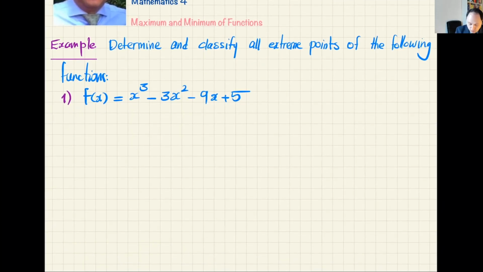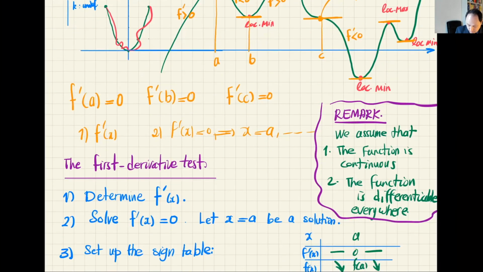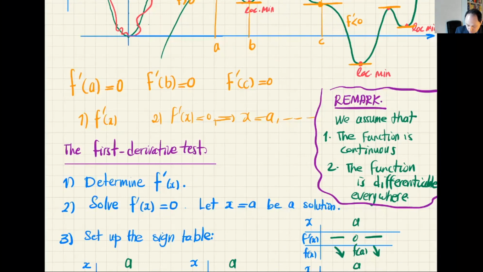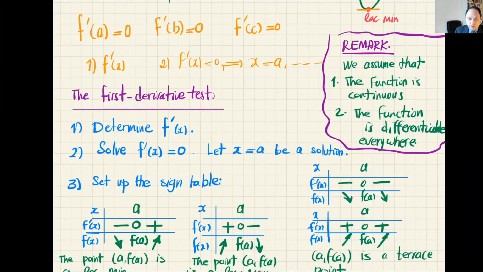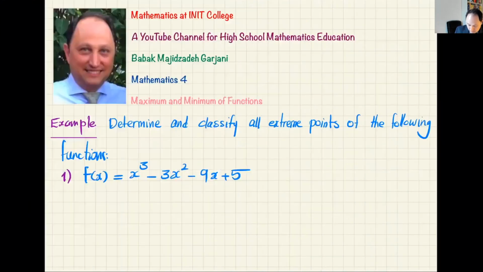Okay, so what should I do? The first step, you see here, I want to use the first derivative test. I determine the derivative, I put it equal to 0, I find the answers, then I set up a table. That is called the sign table. Yes, that is what I have to do. So I do the same thing here. I take the derivative first.